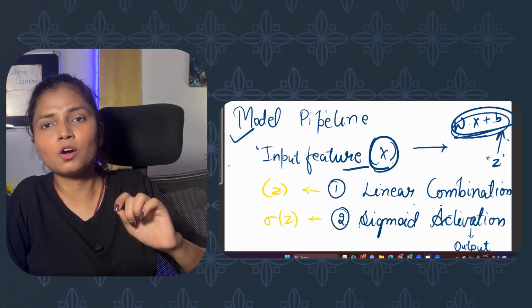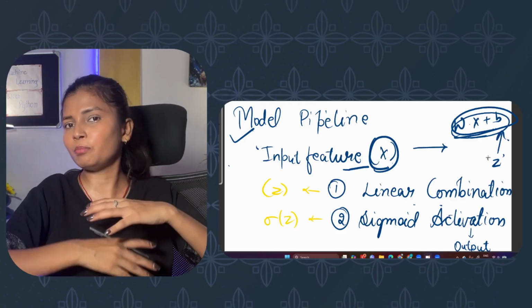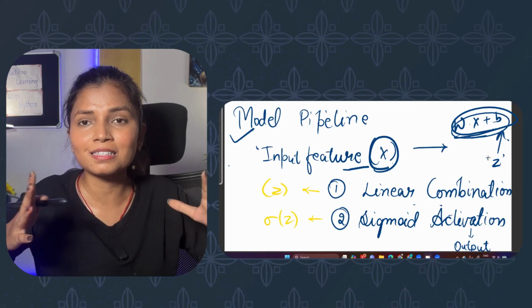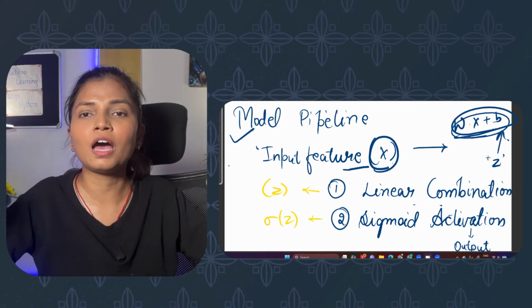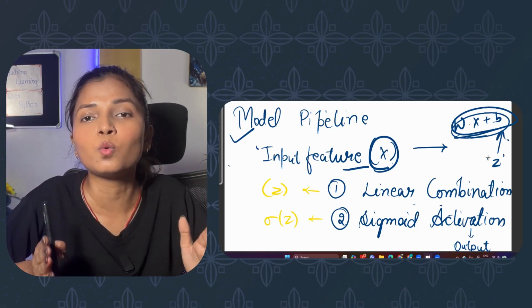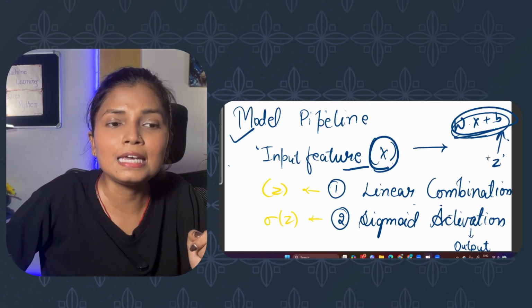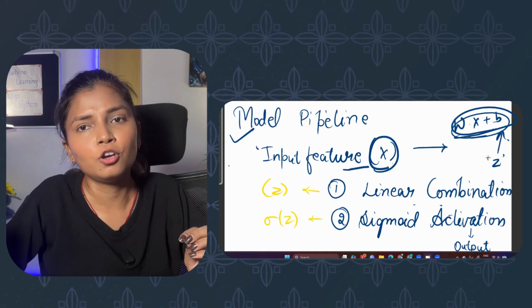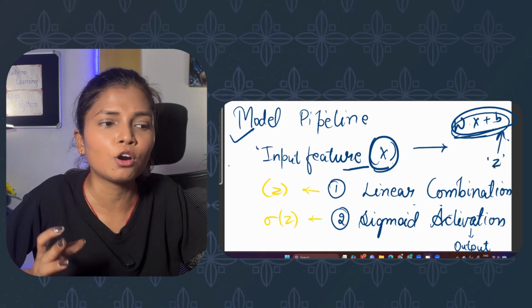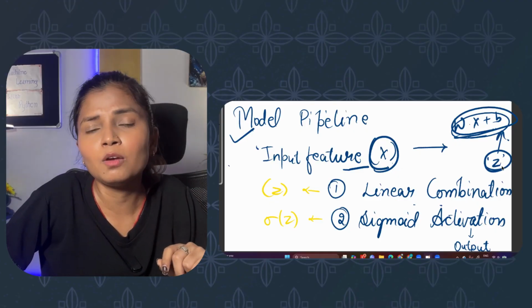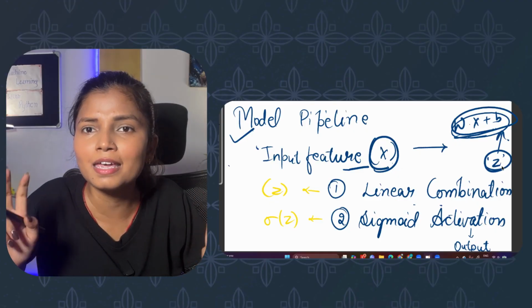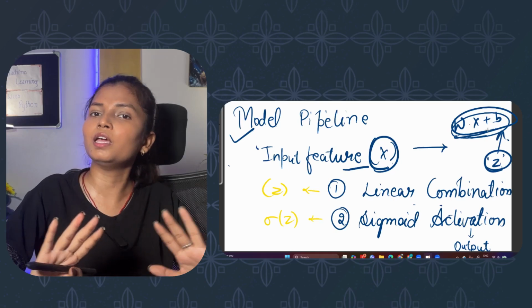Now what is z? z is the output of this particular linear combination. When this linear combination gives you z, that z can be anything. We all know in maths numbers are infinite, right? When the numbers are infinite, we sometimes have to squeeze them to the required range. z is nothing but the continuous number which this equation will generate. This w and b will initially be a guess by the model. It can be any number.